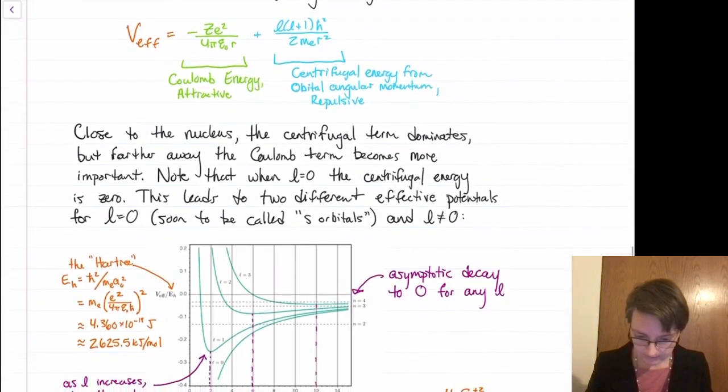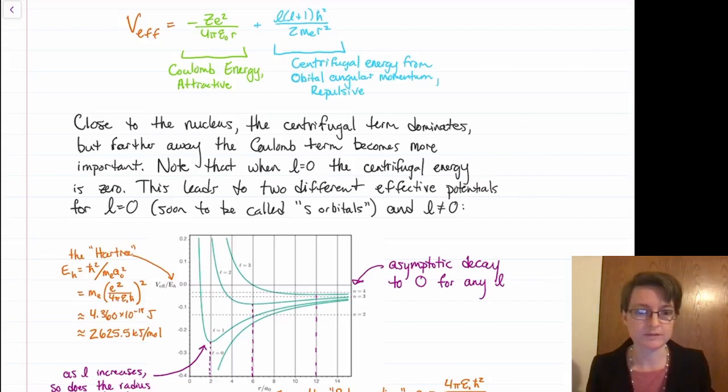Now, close to the nucleus, the centrifugal term is going to dominate because the r squared term matters more and more, gets bigger and bigger as r goes close to 0. Far away from the nucleus, in this asymptotic regime, not all the way out at r equals infinity, but at long-ish r distances, we see that the Coulombic term is going to dominate.